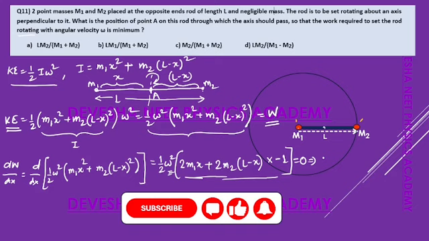It means 2 m1 x, with this minus 1 multiplied, becomes minus 2 m2 (L minus x).